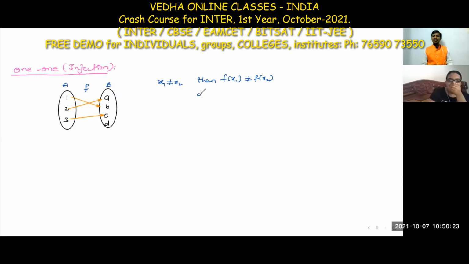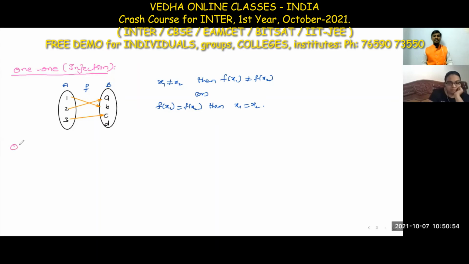Or otherwise we have another way: f of x1 equals f of x2. If images are equal, then elements are also equal, x1 equals x2. Then also it is a one-to-one function. Distinct elements have distinct images.